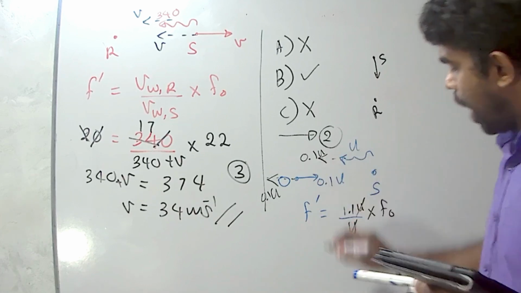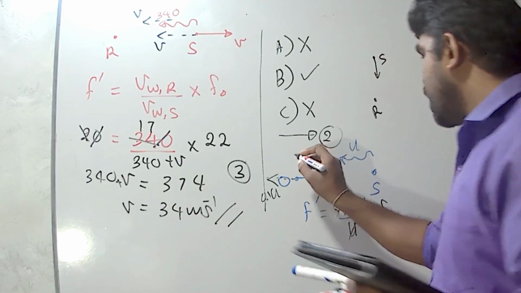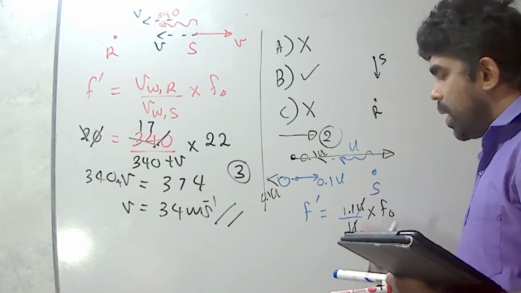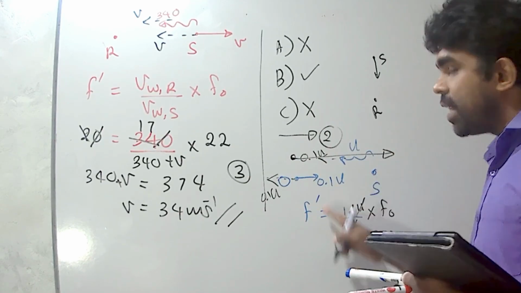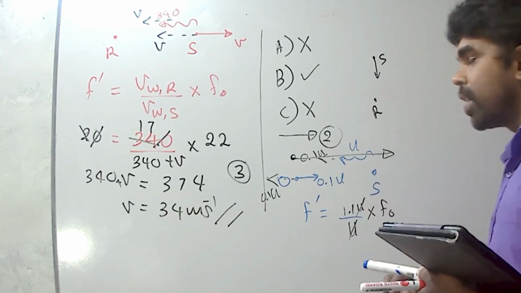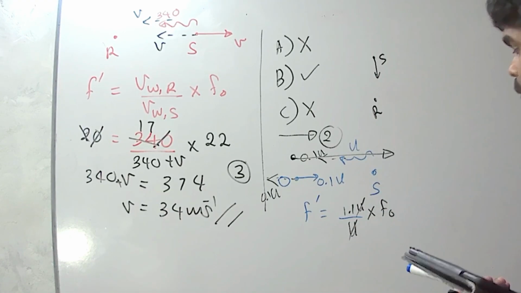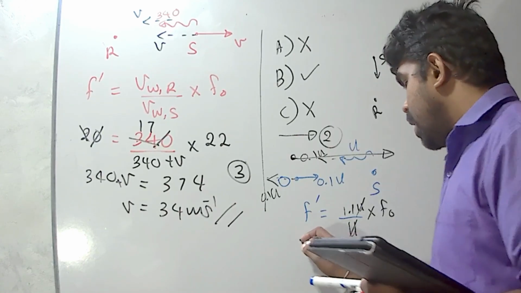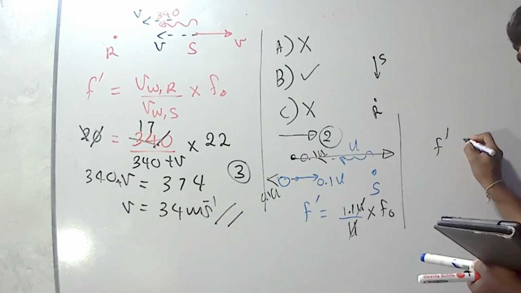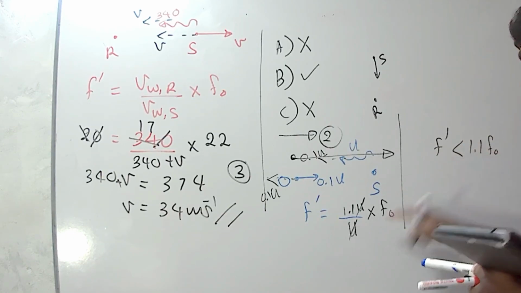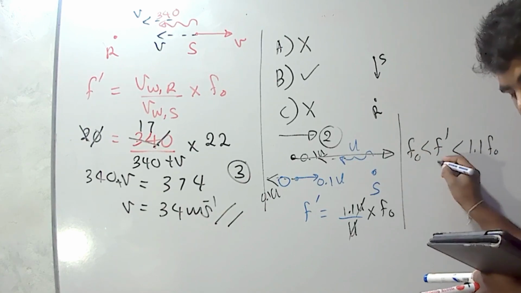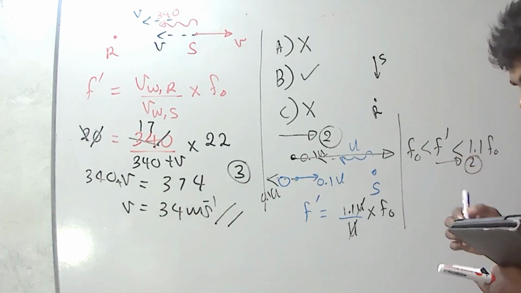But now the observer is moving in a line like this, not moving directly towards the source. Therefore, the apparent frequency should be less than 1.1 f naught, but it should be greater than the real frequency. Then we can get the second one as the correct answer.